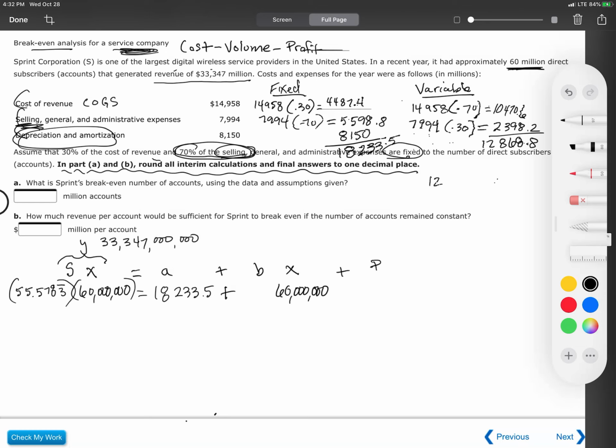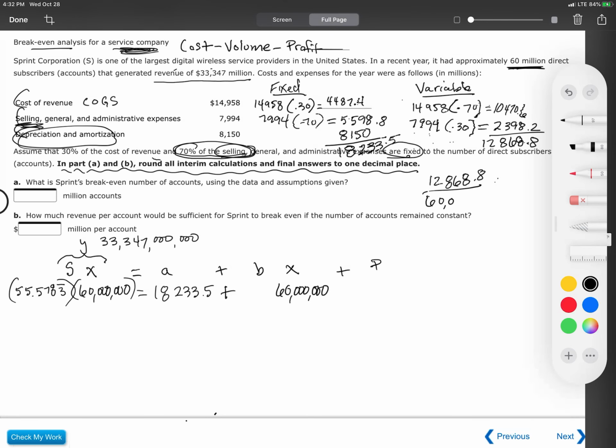So we have to take this 12,868.8 and divide it by X. What's our X? 60 million.